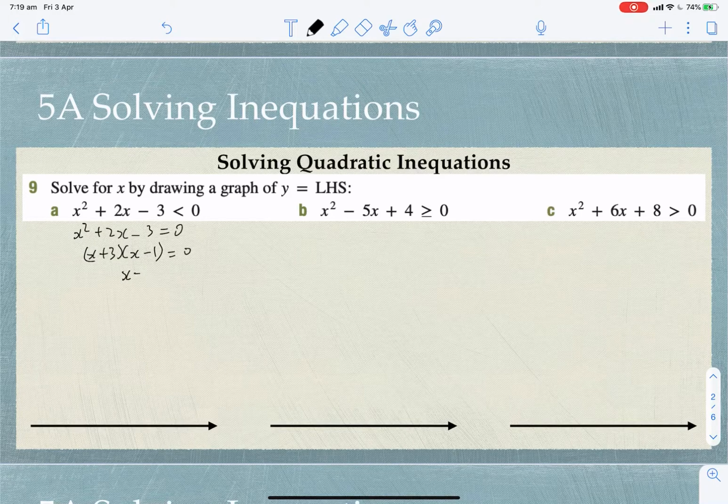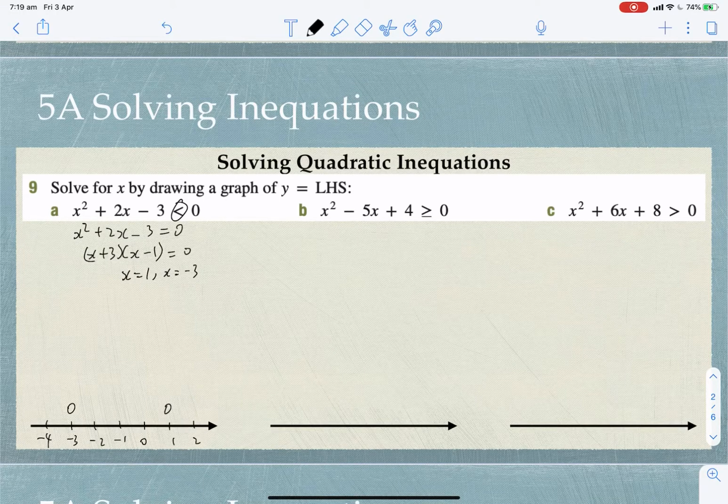So x equals 1, x equals negative 3. Okay, so let's draw a number line and indicate those first. So you've got 2, 1, 0, negative 1, negative 2, negative 3, negative 4. It is a less than sign, so it's an empty circle.